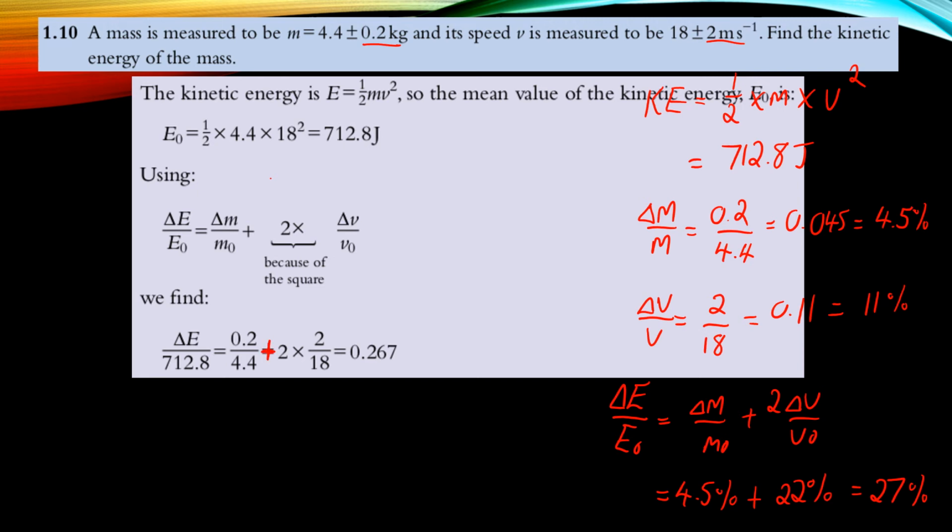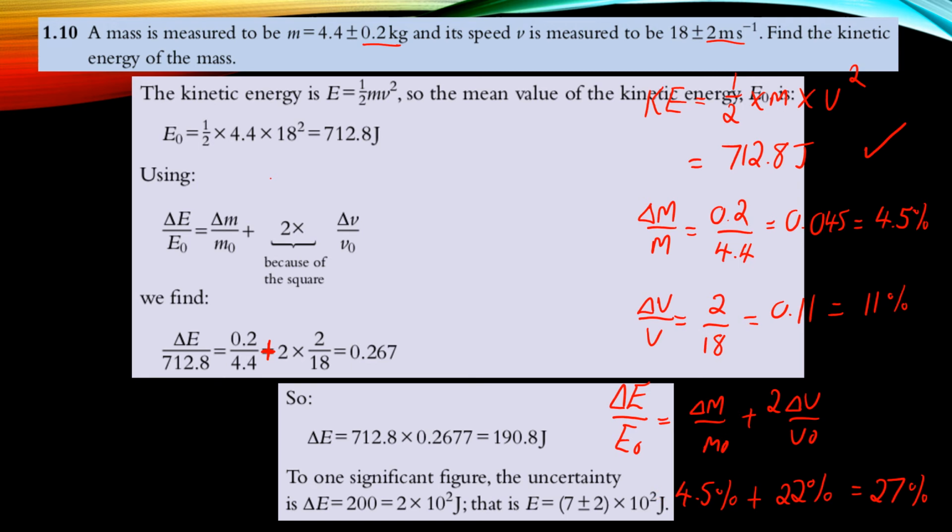There we go. 0.267 or 27%. If we have the kinetic energy, which we do, and we have its uncertainty, which we do, it's 27%, we want to be able to express this as some number plus or minus some number with the same unit. So we need to convert this 27% back into an absolute uncertainty.